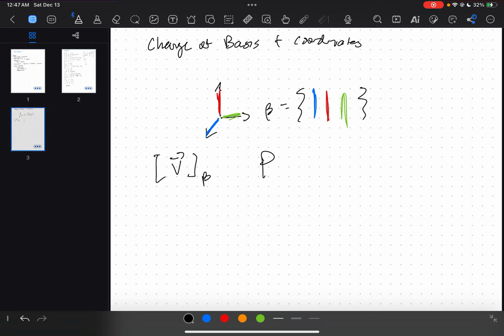You have PB, which is the instructions to turn a standard basis, which is just the identity matrix, into your basis. You have PB minus 1, which is how you turn your basis vectors into your standard basis.